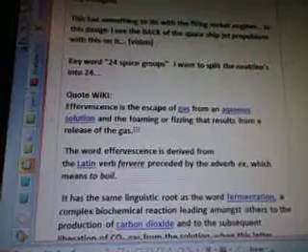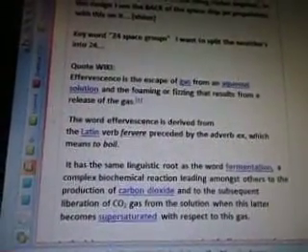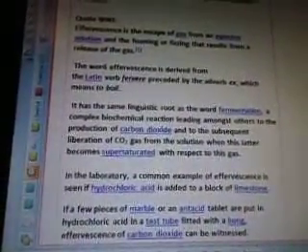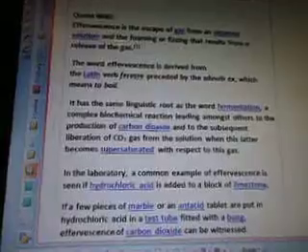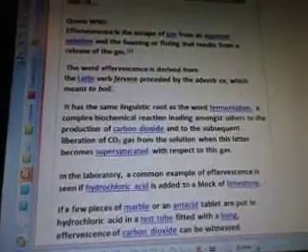So a quote from Wiki: effervescence is the escape of gas from an aqueous solution and the foaming or fizzing that results from a release of the gas. The word effervescence is derived from the Latin verb fervere, preceded by the adverb ex, which means to boil. It has the same linguistic root as the word fermentation, a complex biochemical reaction leading, amongst others, to the production of carbon dioxide, and to the subsequent liberation of CO2 gas from the solution when this latter becomes supersaturated with respect to this gas.